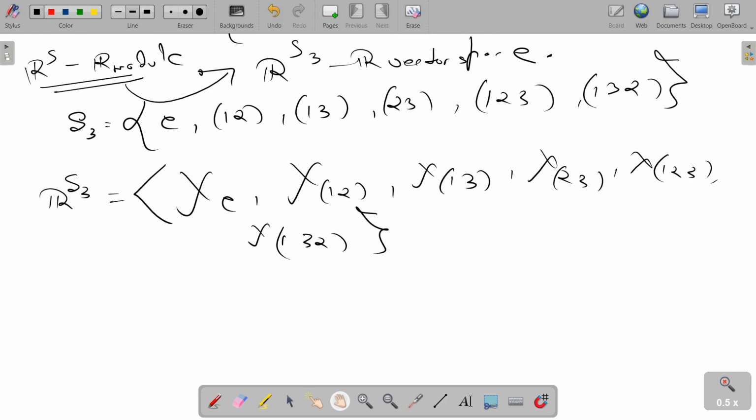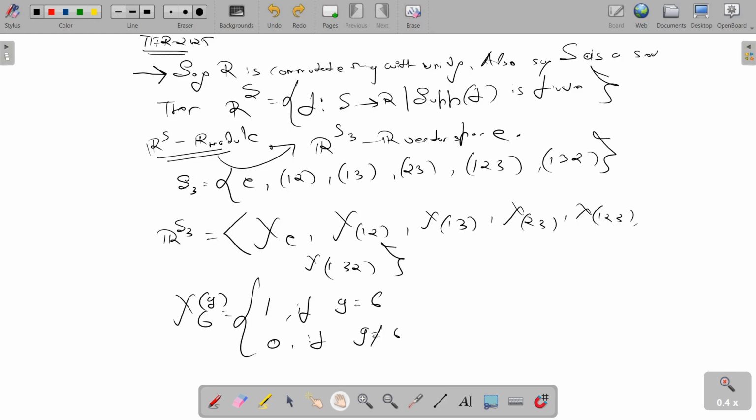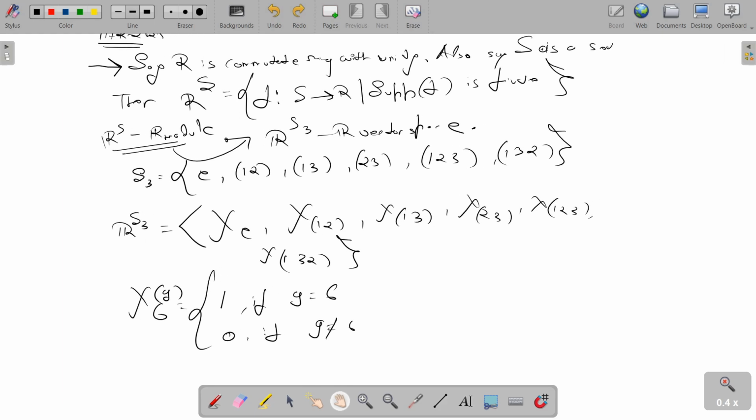Here chi is the indicator function, the characteristic function, where chi of sigma at g is 1 if g equals sigma and 0 if g does not equal sigma. This spans the whole vector space, since any function from S3 to R can be written as a linear combination of a_i chi of sigma_i, where i runs from 1 to 6.